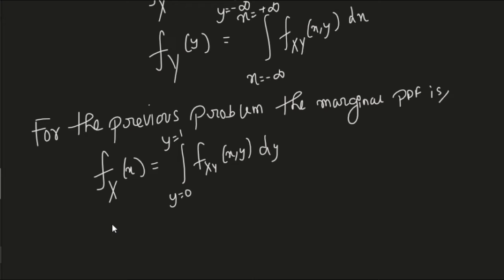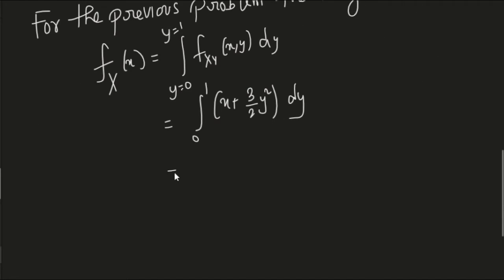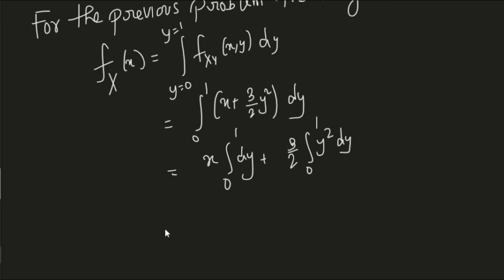Now, to find the marginal PDF for x, we need to integrate over y, right? So therefore, now this would become x plus 3 by 2 into 1 by 3, and this would become x plus half, right?